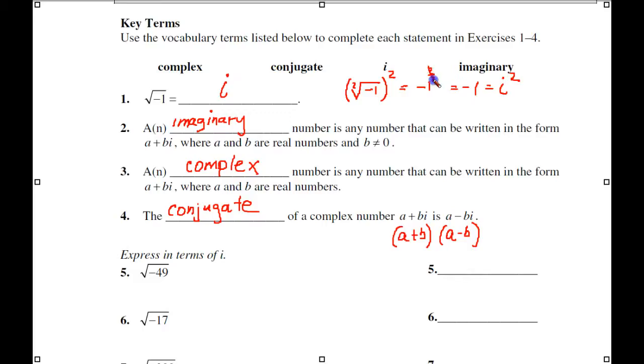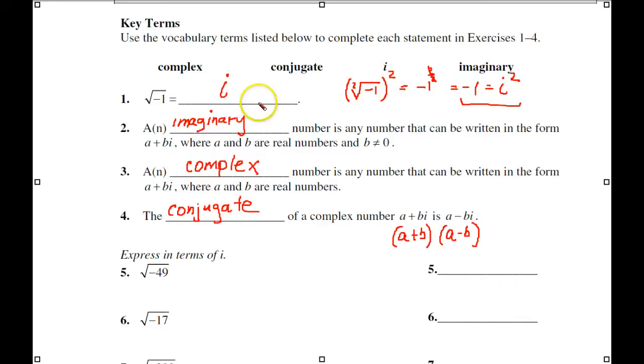This cancels out and we're left with -1. So -1 is i squared. This is something we're going to use quite extensively in this section, where i squared is defined as -1. The square root of -1 is i, i squared is -1, and this is the proof of it.